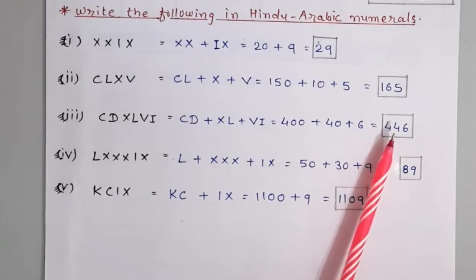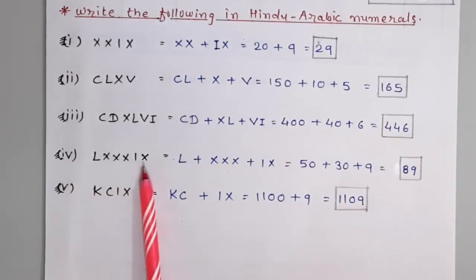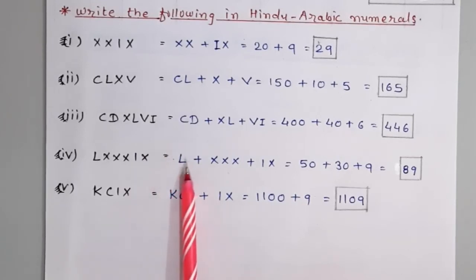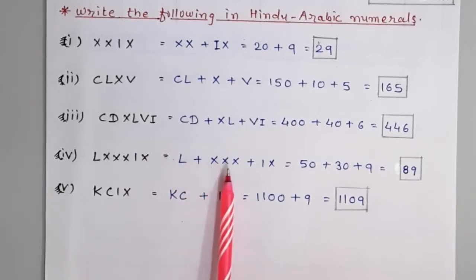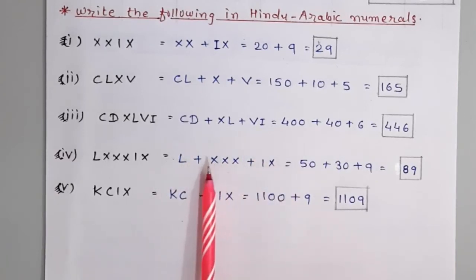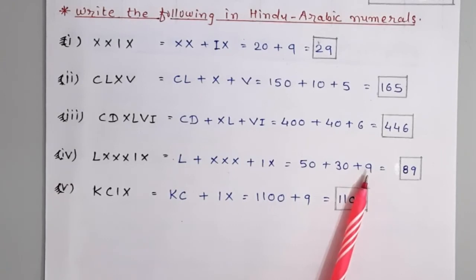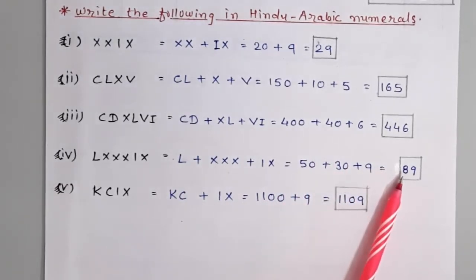LXXXIX: split up like this, L plus XXX plus IX. L means 50, XXX means 10 plus 10 plus 10, 30, IX is 10 minus 1, 9. If we add all the numbers we get 89.